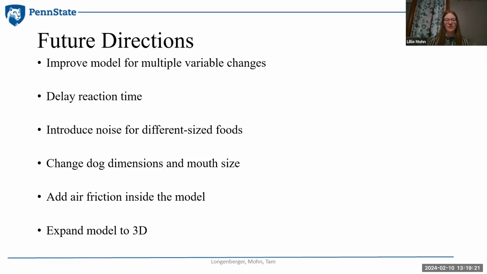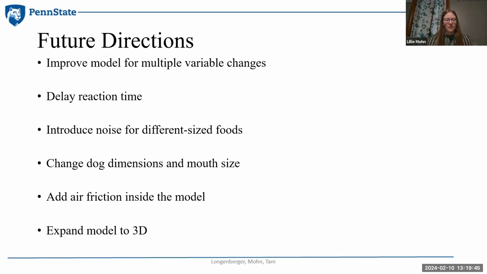Third, we would introduce noise for different sized foods. So this would mean that it wouldn't matter as much what those variables for air resistance would be. Fourth, we would change the dog's dimension and mouth size. This would allow us to test what it would look like if we were testing different breeds of dogs. How would a smaller dog compare to a larger dog? Things like that.